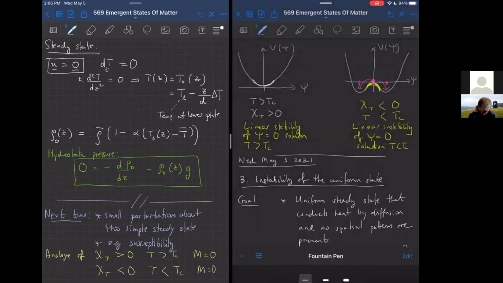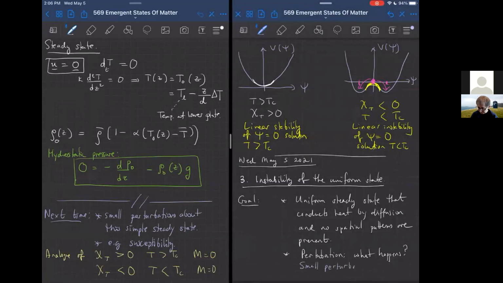We can study the effect of that by linearizing the nonlinear equations of motion. So we're going to require that this be a small, literally infinitesimal perturbation, and what that means is that we can linearize the nonlinear equations of motion.